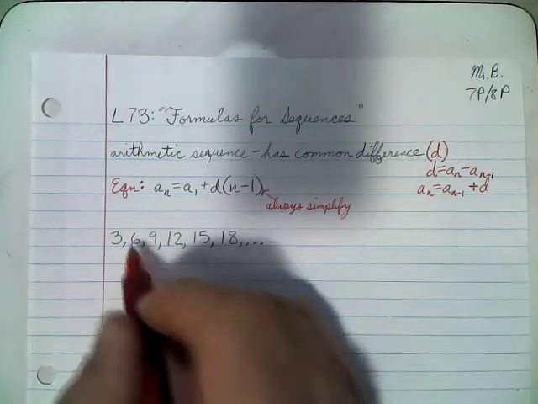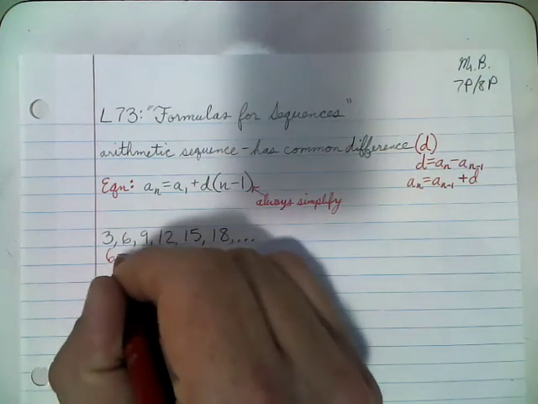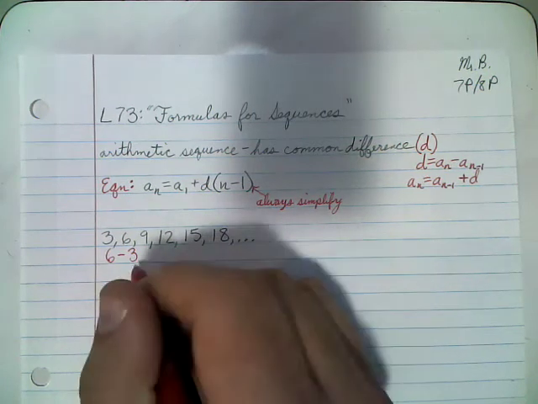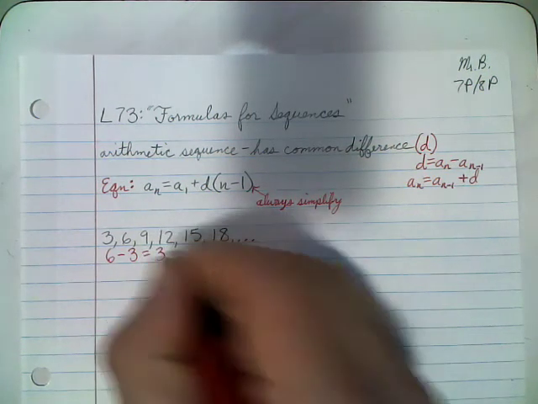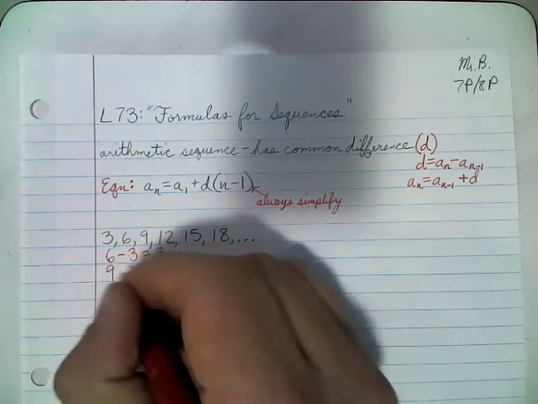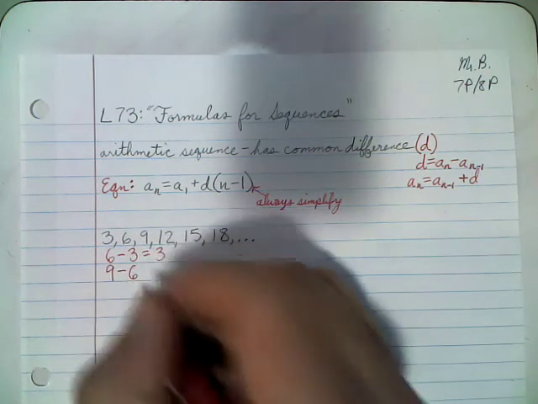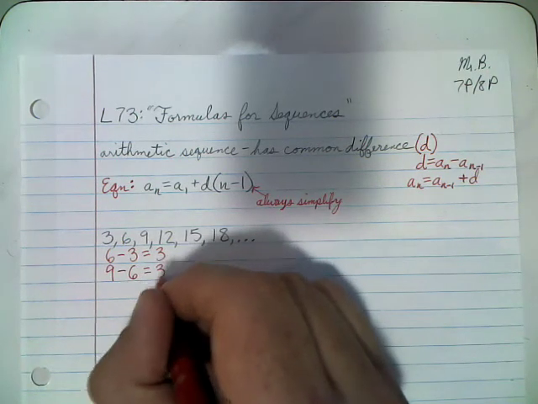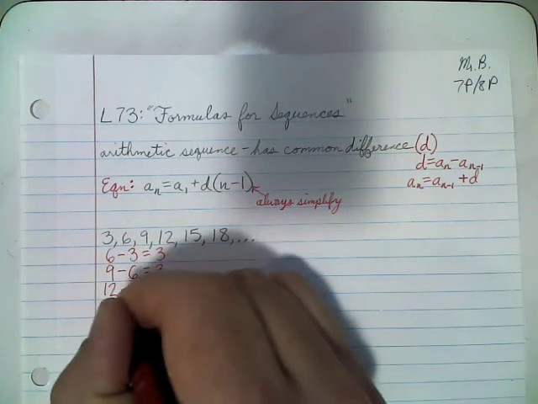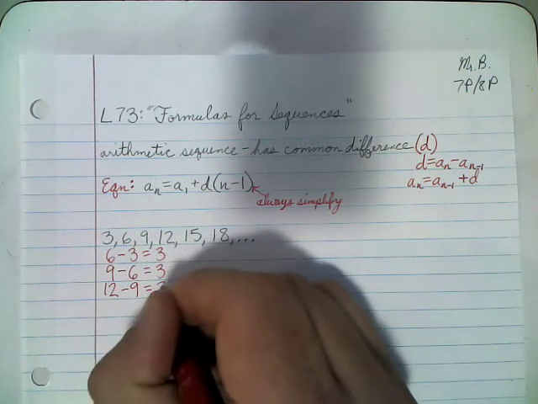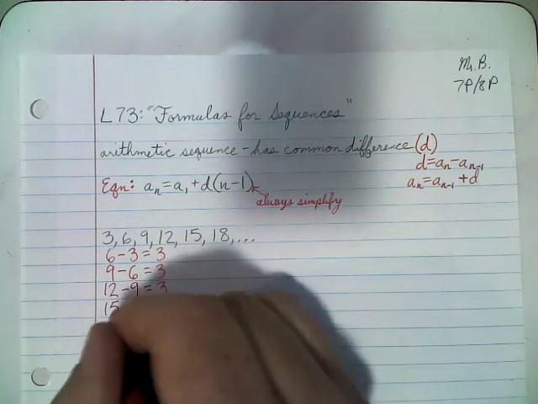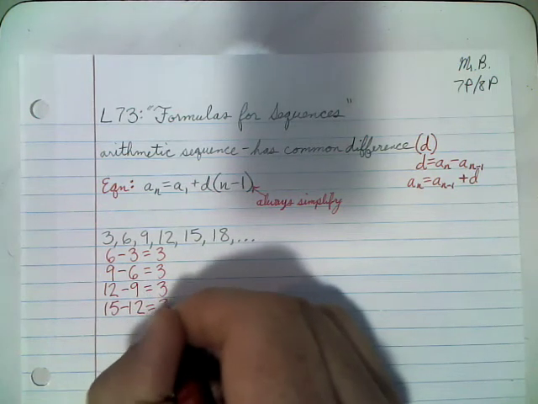So if I take the second term, 6, minus the first term, 3, I get a difference of 3. I take the third term, 9, minus the second term, 6, I also get 3. The fourth term minus the third term, I get 3. The fifth term minus the fourth term, I get 3.